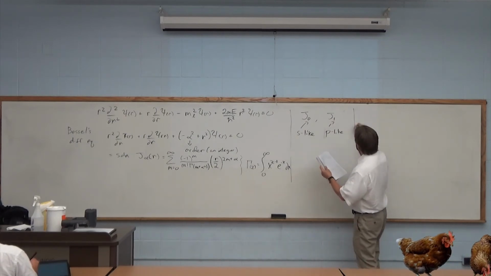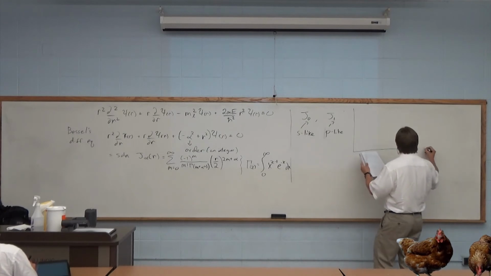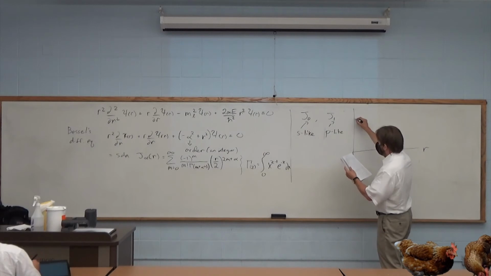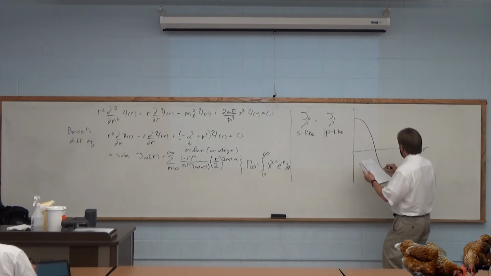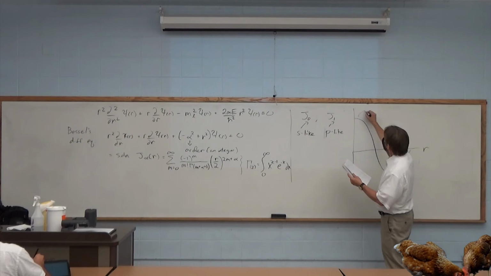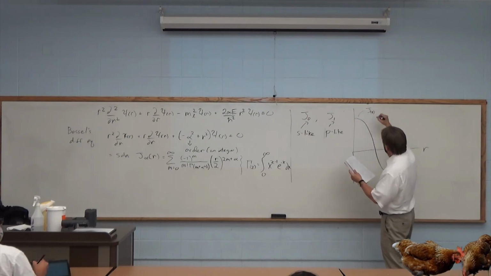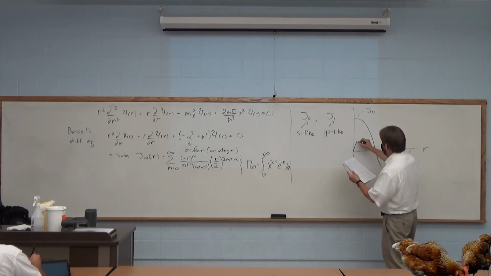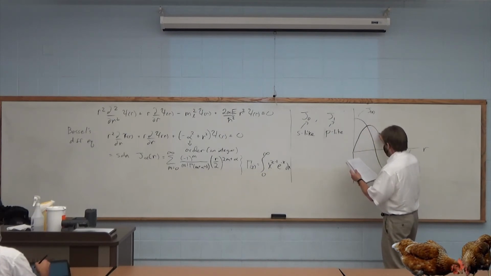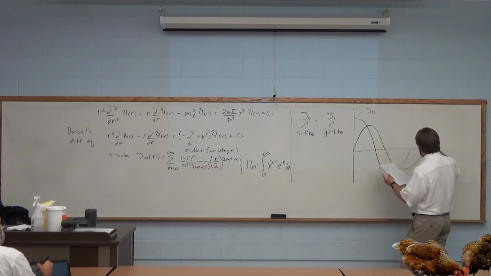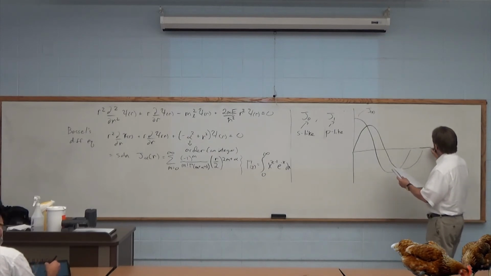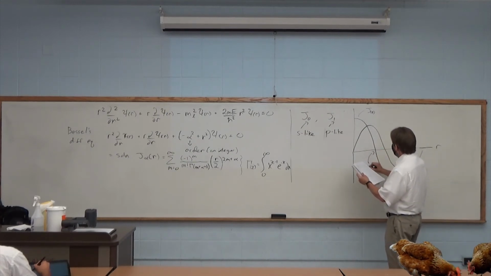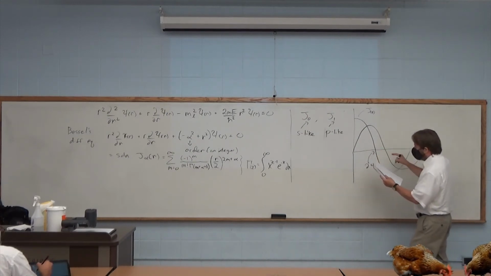Okay, so I'm plotting this on the y-axis. And here's R. This is J of 0. This is around 2.4 on the r-axis.